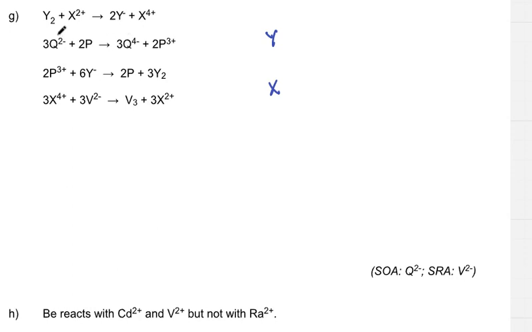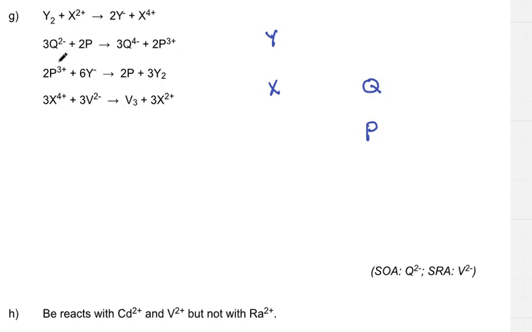The fact that this reaction happens tells us that Q is better at taking electrons than P is. Q is higher than P. Another thing this question is doing to us is we have a hierarchy with Y and X here and a totally separate one with Q and P, and we don't know how these are connected yet. So just be patient. Hopefully that'll become clear as we go on.